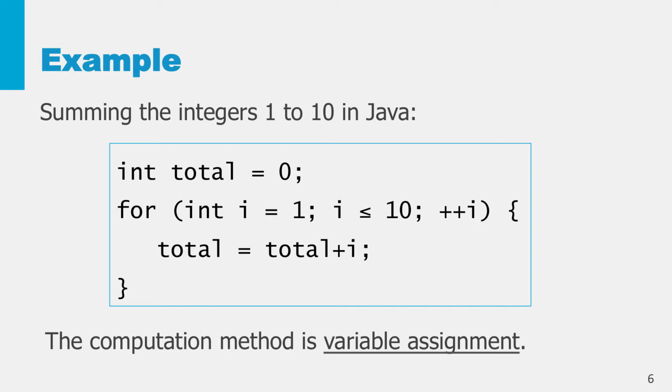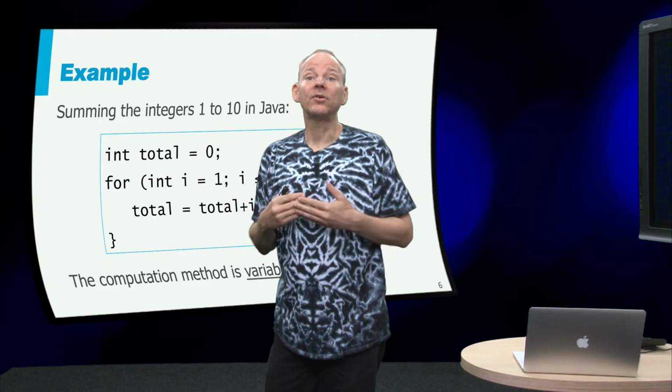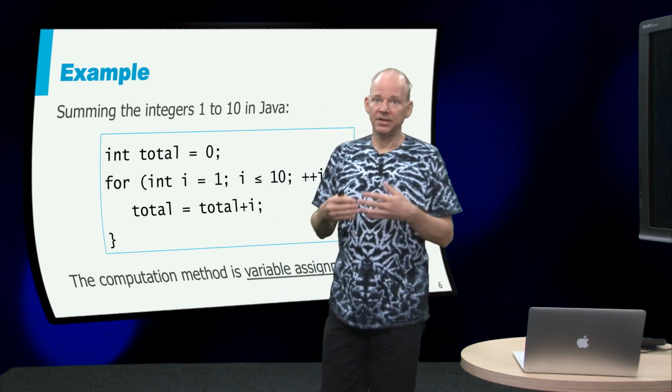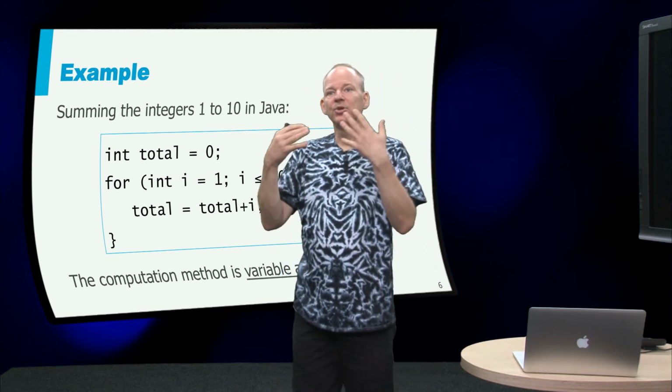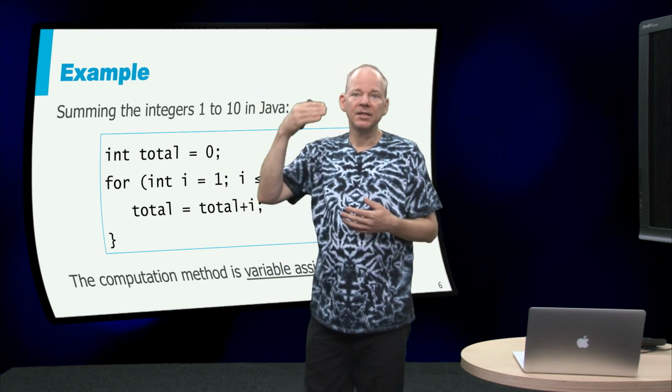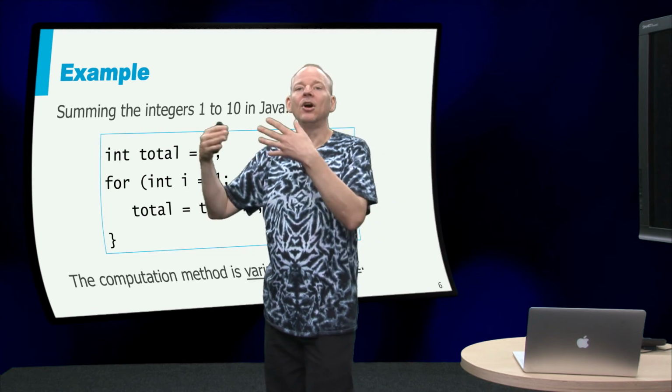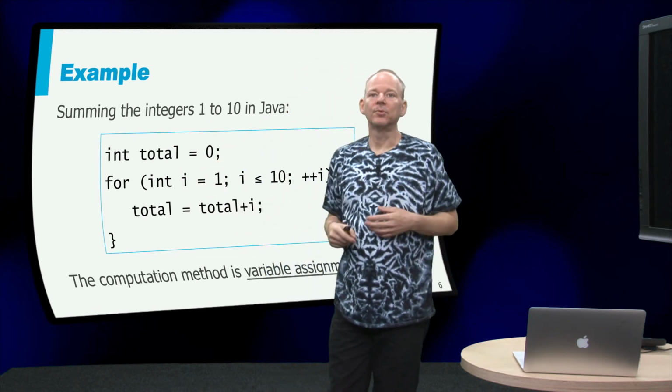And then we write a for loop with a loop variable, that int i that you see there. And then we assign to the total variable, total plus i. So here you see that the program is written in an imperative style. We have statements, we have mutable state, and we imperatively execute statement after statement, updating the state to compute the result.